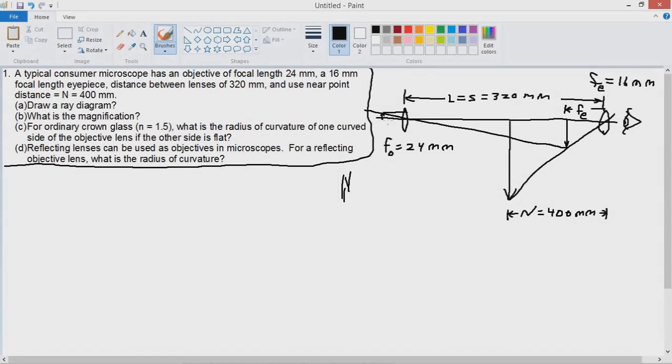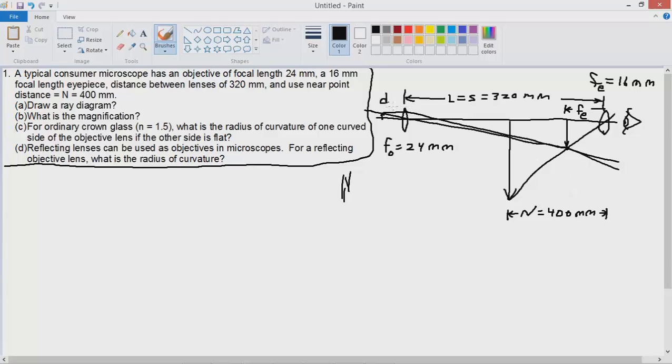Lines parallel to the optic axis will intersect at the focal length of the objective. So there's the line that's parallel to the optic axis, and there's the line that's going through the center of the lens, and where the two intersect is where the first image forms.